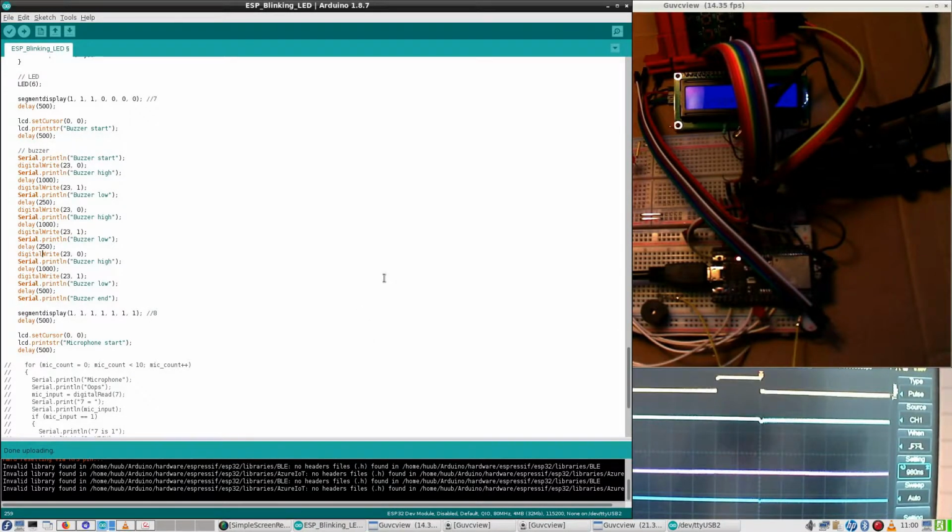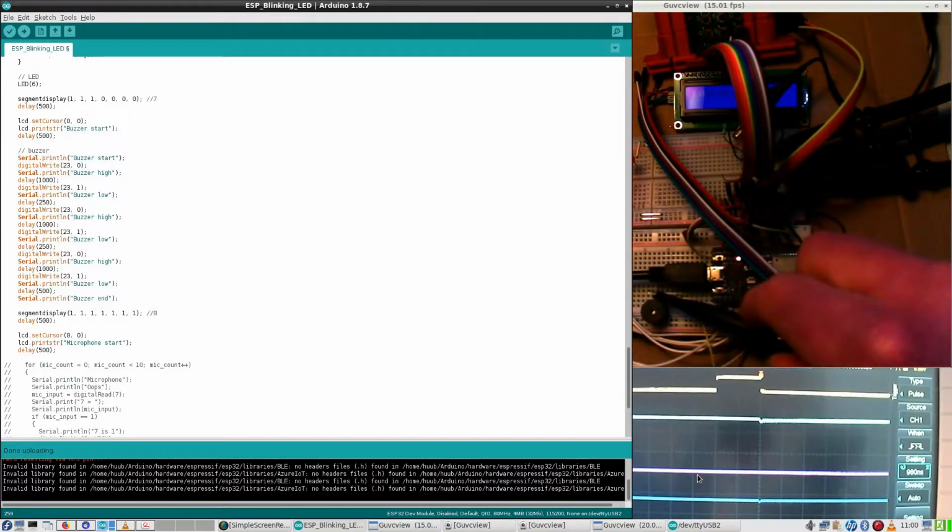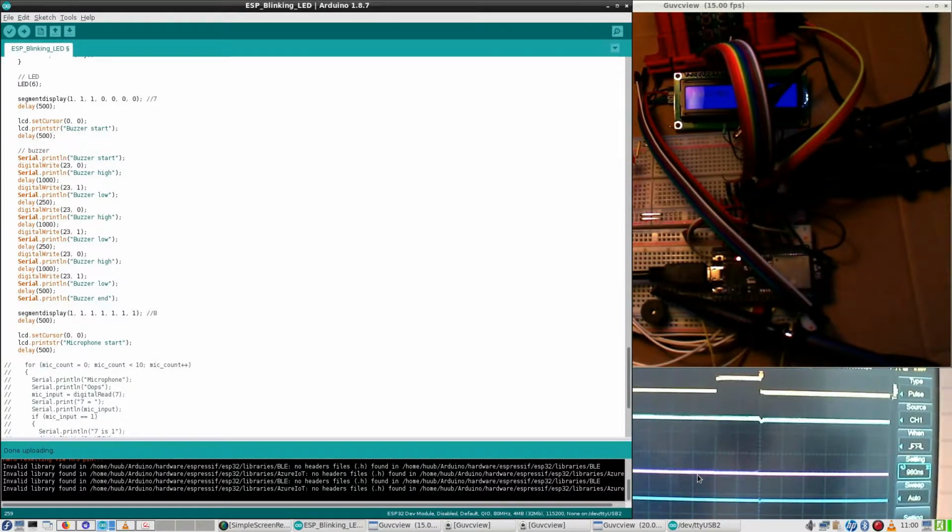Okay, I have decided not to do the SOS after all, but what I notice when I look at the signal from the buzzer, it has a certain frequency, which is the high pitch.